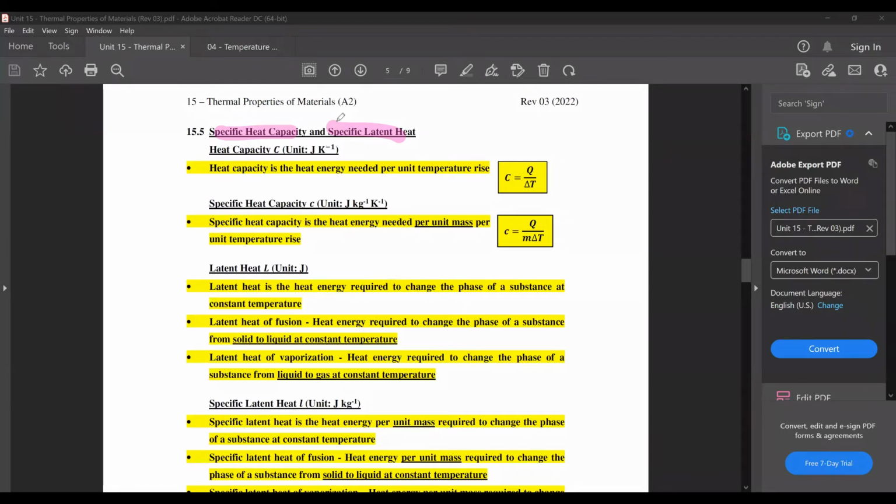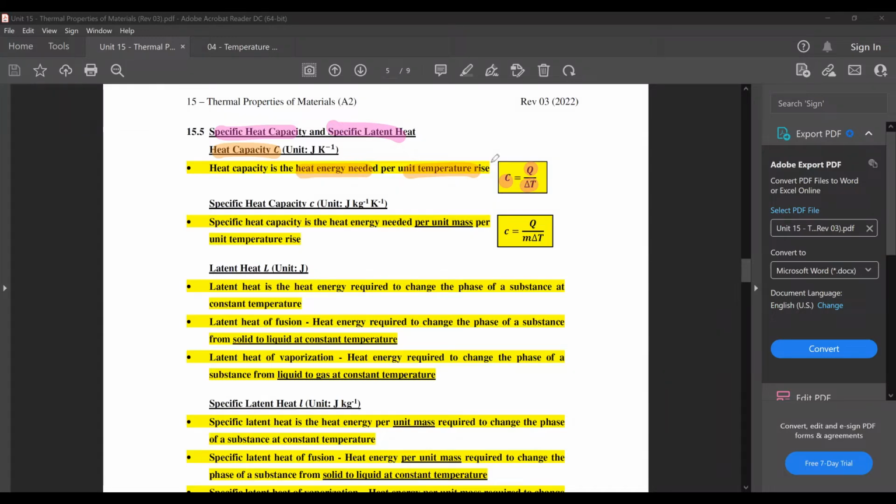Okay, so let's just start with some of the basic definitions. So you would have learned what is heat capacity before. Heat capacity is just simply heat energy needed per unit temperature rise. How much heat energy is required to cause 1 degree centigrade temperature rise or 1 Kelvin temperature rise. Okay, in equation form, it's probably just written as C equals to heat supply divided by your temperature change.